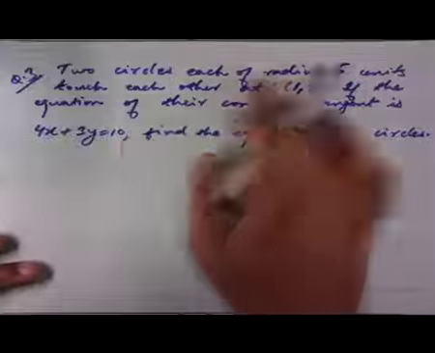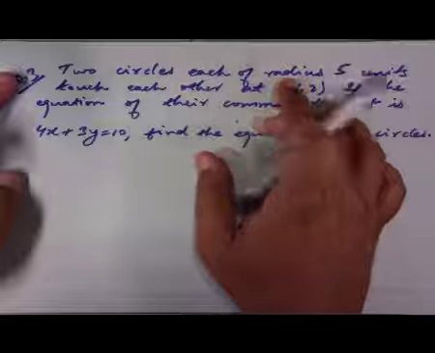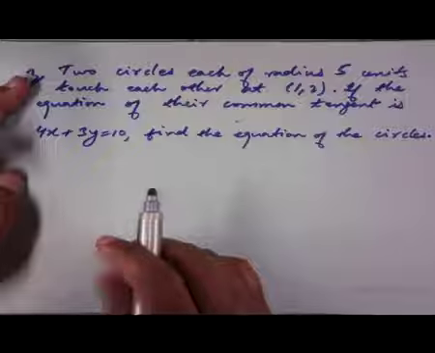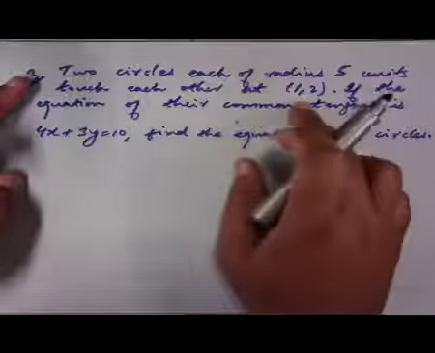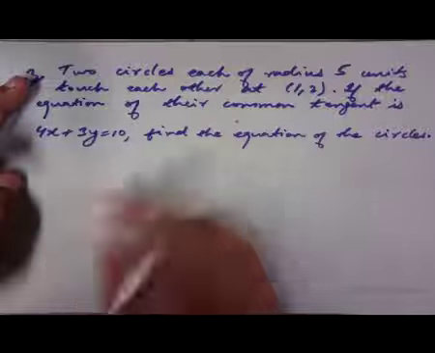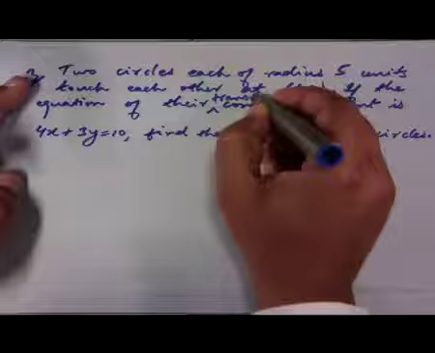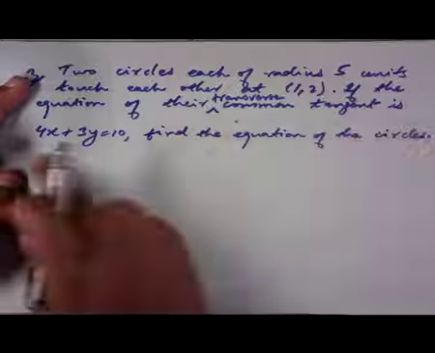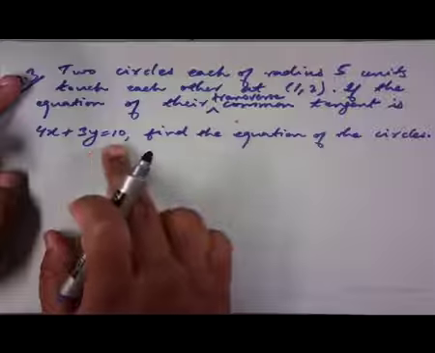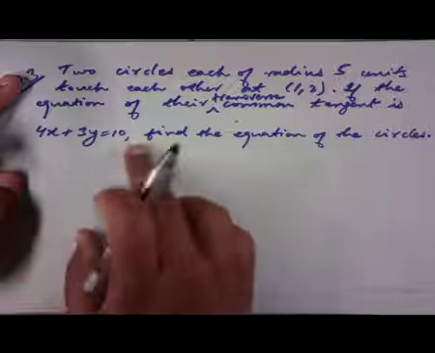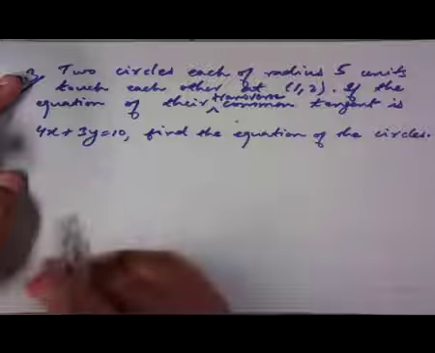Let us take the third question. So, in this third question we have two circles, each of radius 5 units, and they touch each other at this point 1 comma 2. The equation of their transverse common tangent is given to be 4x plus 3y equals 10, and the question is asking us to find the equation of both the circles.